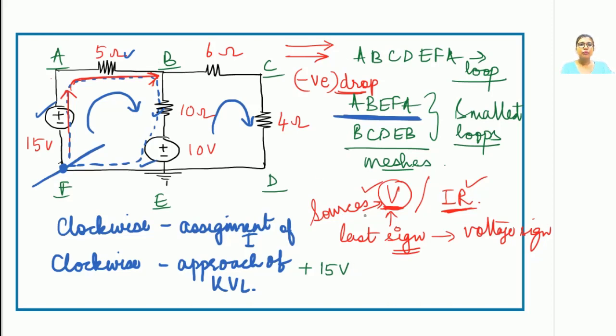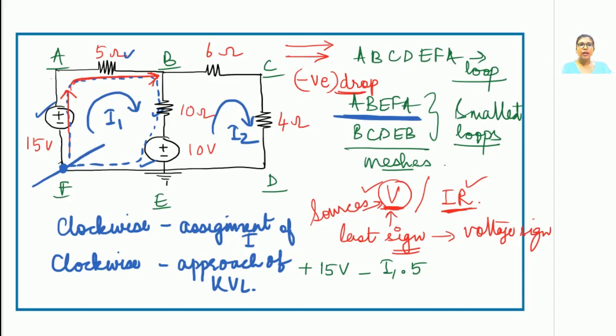Your second term will be written as minus the current flowing through it. We have not assigned any value of the current so far, so let us write that as I1 and this as I2. So the current here is I1 times the respective resistance, that is 5. I hope this is clear. We are not yet done. We will have 4 terms in our KVL equation.